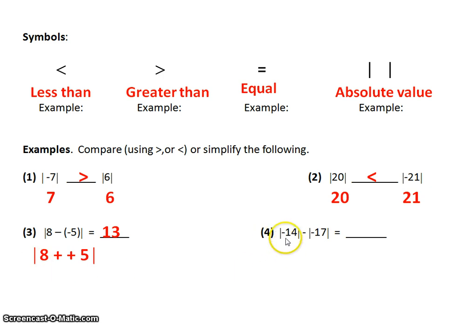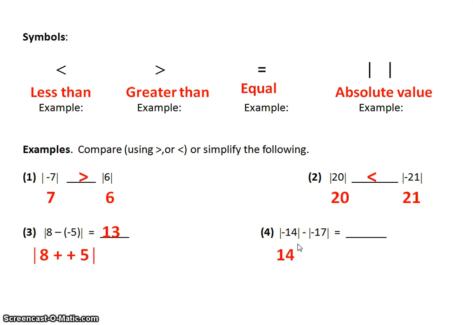In number 4, negative 14, the absolute value of that, we're going to subtract from it the absolute value of negative 17. So the absolute value of negative 14 minus the absolute value of negative 17. So let's simplify first. The absolute value of negative 14 is, that means, how far is negative 14 from 0?